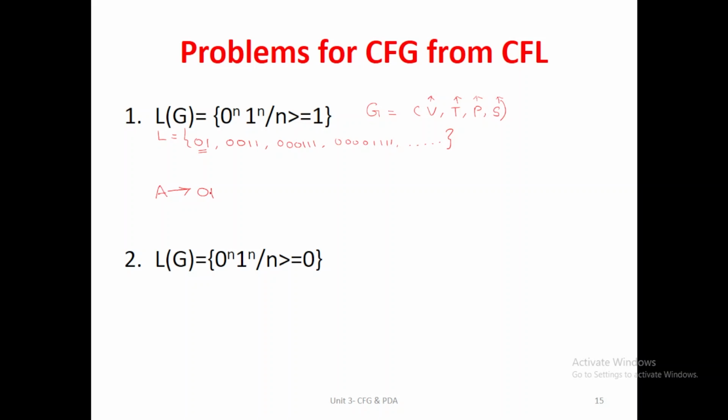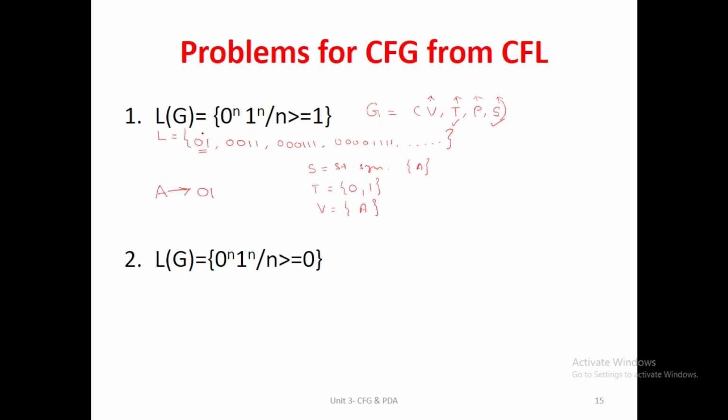So A implies 01, and that is the starting symbol, A. For terminals, all the strings in the language contain 0 and 1, so I am using the terminal symbols 0 and 1. The left side non-terminal is capital A. What is the starting symbol? The left side non-terminal of the first production is the starting symbol.